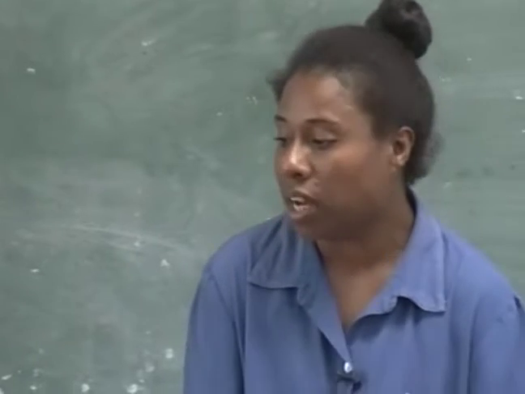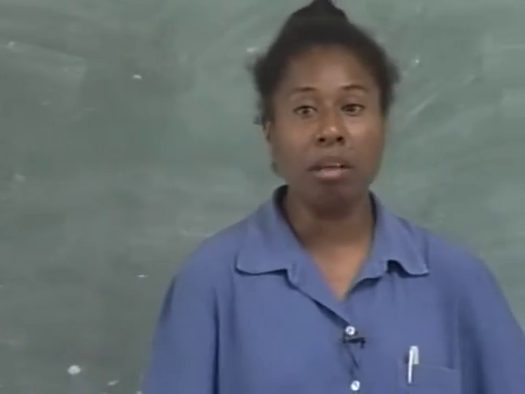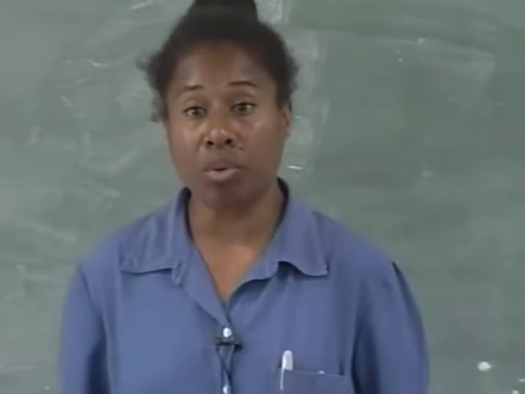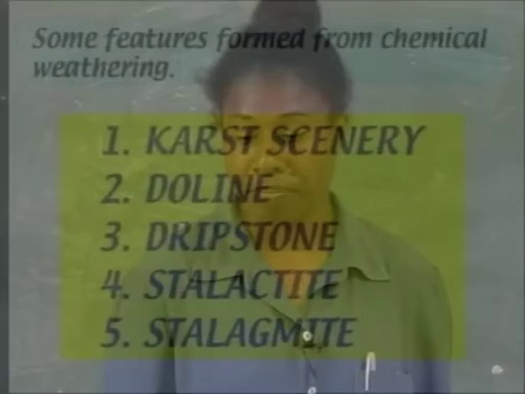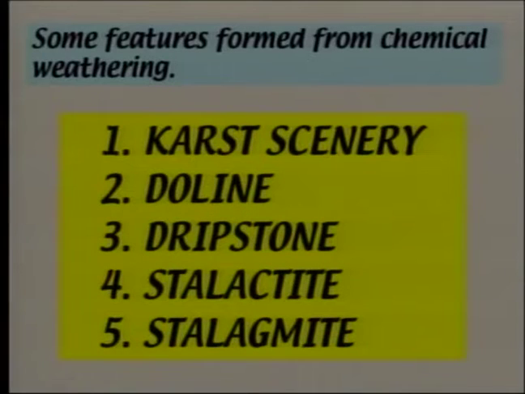Now let's look at some of the features which are formed as a result of chemical weathering, mainly under carbonation. Some of the features we are going to look at today would be the formation of karst scenery, formation of a doline, and formation of dripstone, in which we have stalactites and stalagmites being created.